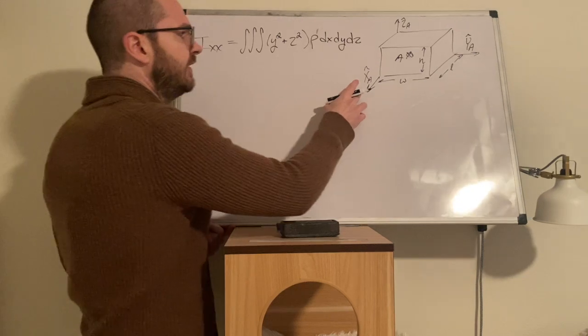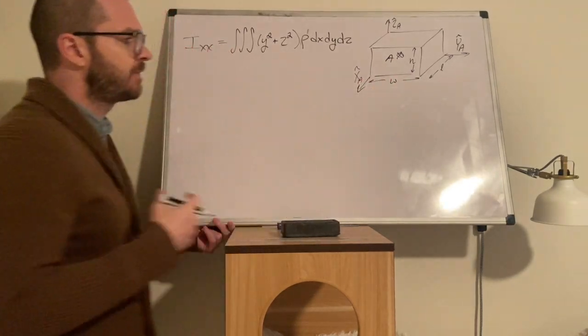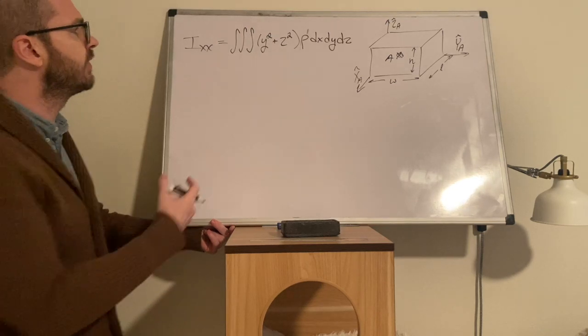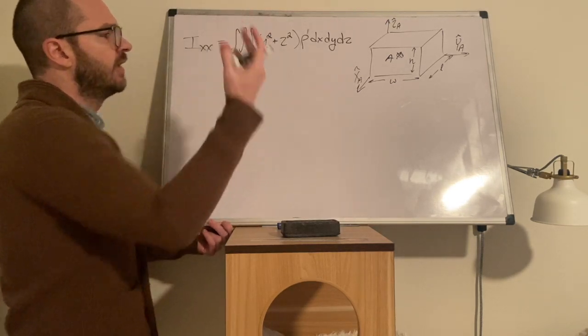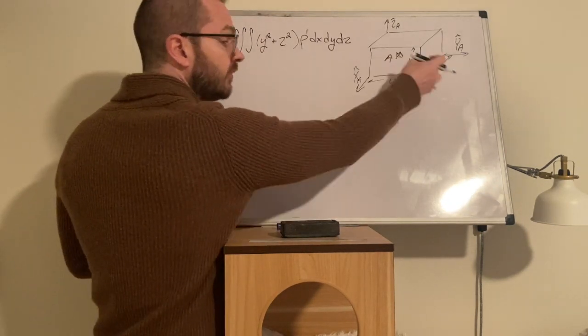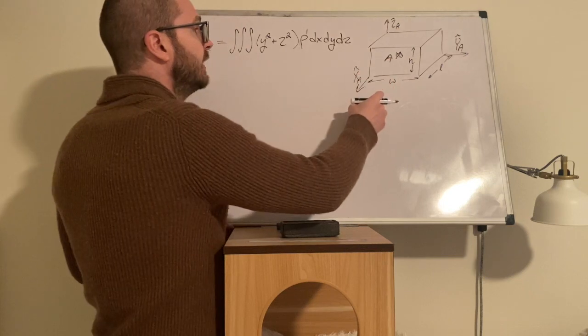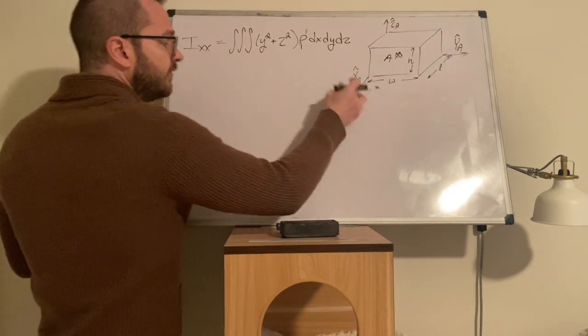I've drawn the axes coming off of the corners, and we could mathematically get away with doing the bounds 0 to the length and 0 to the width, 0 to the height, etc. Formally, if we're doing the bounds to the left and right, before and after the center of mass, then length is associated with x.